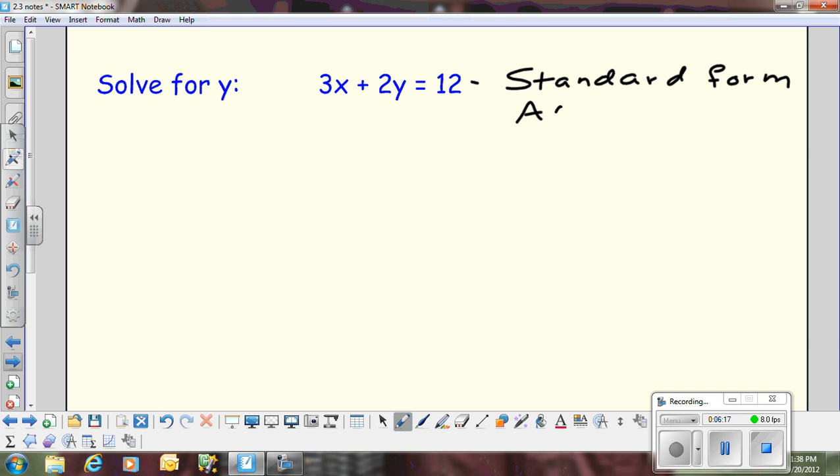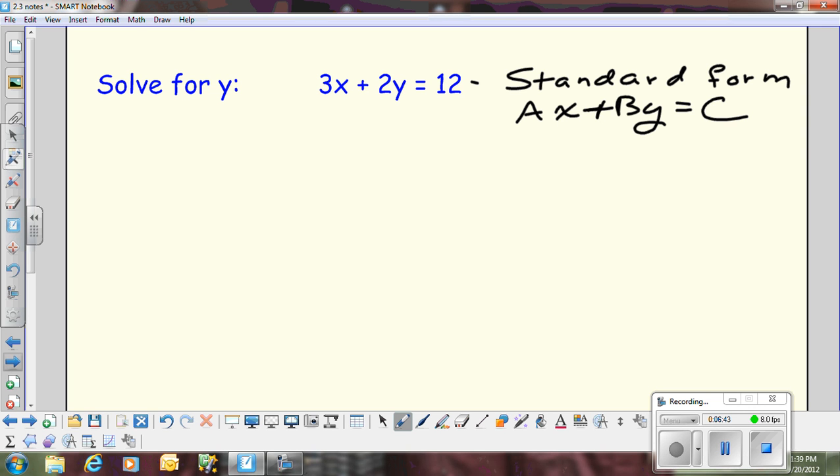The standard form looks like this: AX plus BY equals C, and A, B, and C are all integers. Now, there's a couple of ways you can do this if you have an equation in standard form. So first thing we're going to do is check to see if it really looks like a line. Can I put this in y equals mx plus b form?